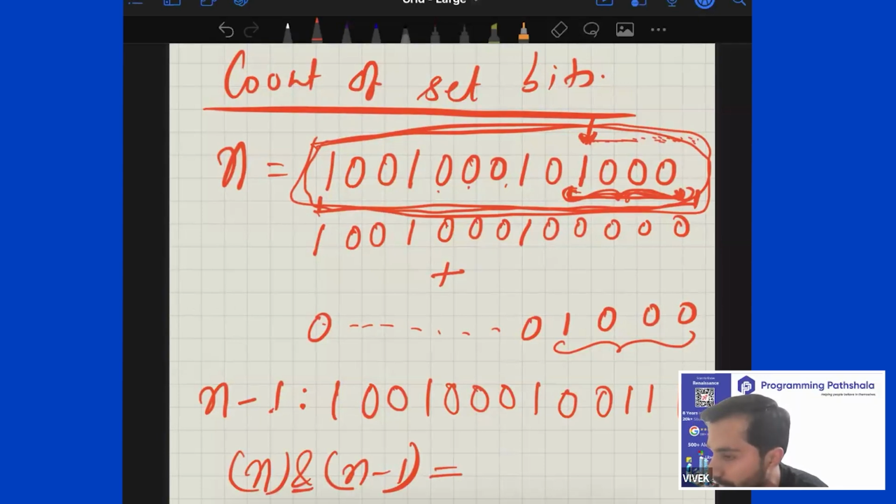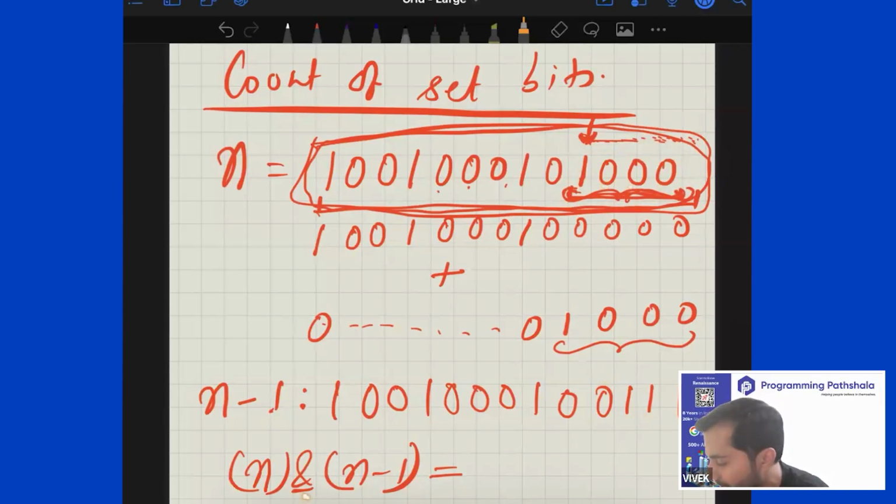If you focus your attention on these 4 bits and these 4 bits, are they all complements of each other, I mean, the toggled form of each other? Yes, of course. Because if something is a power of 2 and you subtract 1 from it, the 1 becomes 0 and the zeros become 1s.